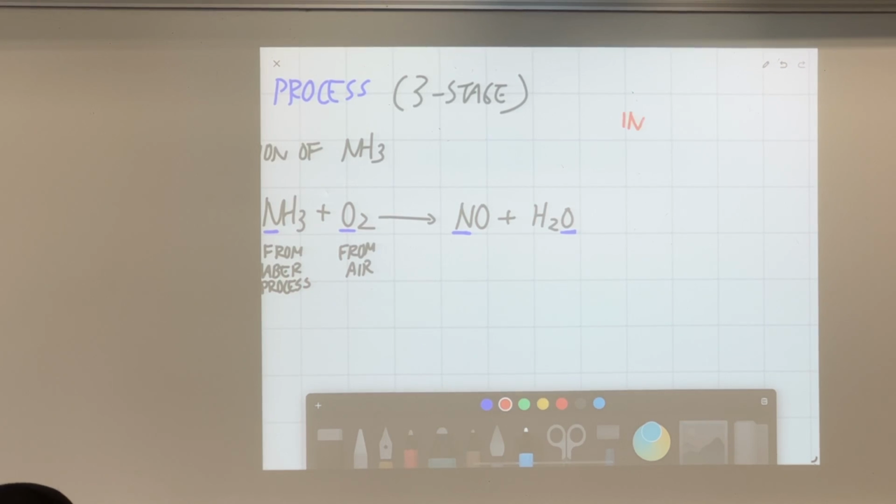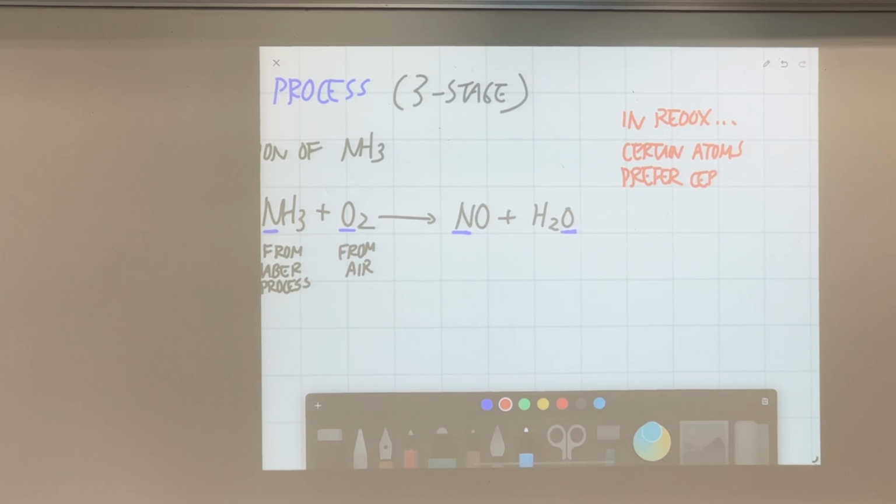In redox, we learned that certain atoms prefer certain oxidation numbers in compounds and ions. I have to stress this: only in a compound or ion do they prefer certain numbers, because in an element, they must be 0.